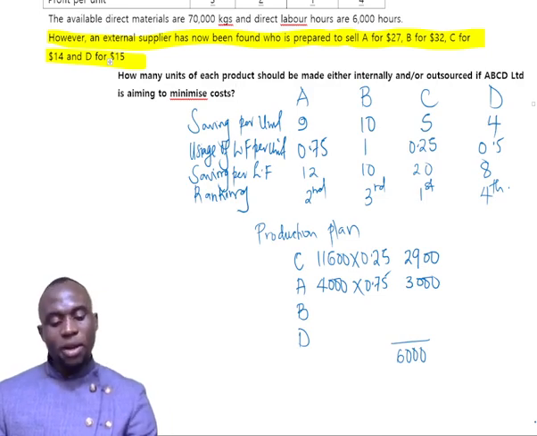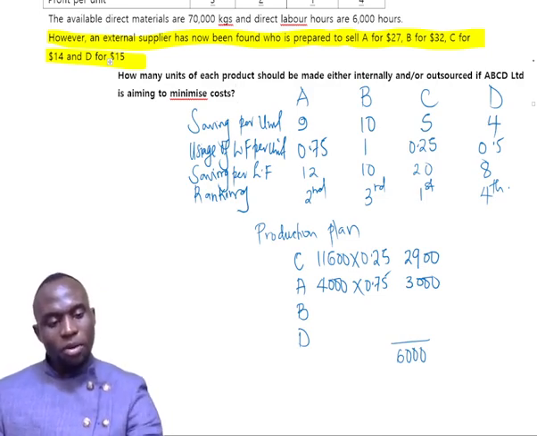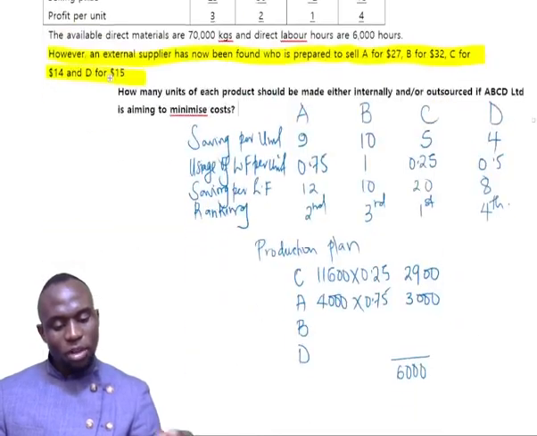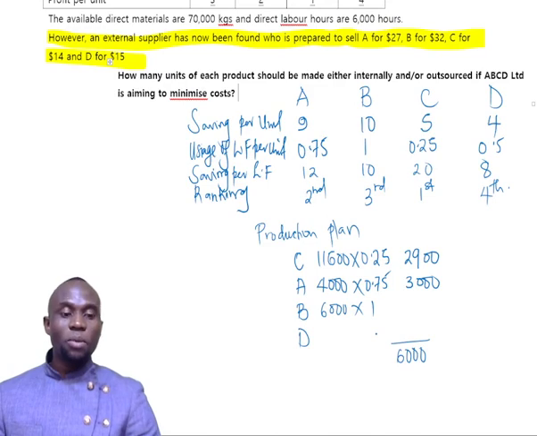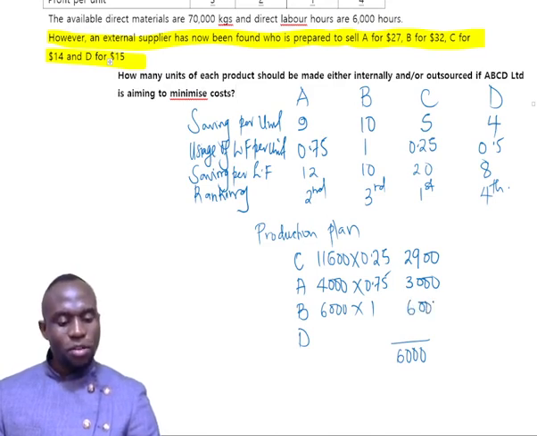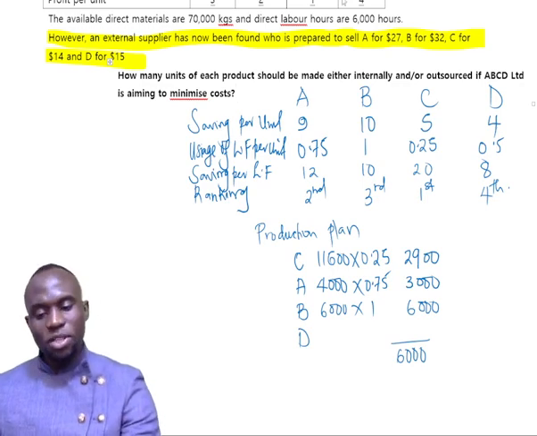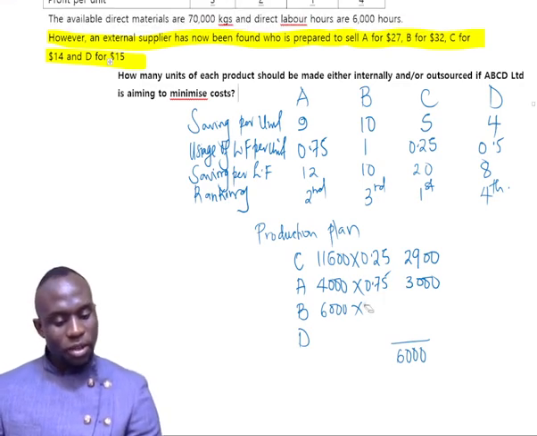Okay, before that, we can produce product B. And product B, we need 6,000 units, but each unit uses 1 hour. So you see, it would have been that, but the time is not available to produce all those units.